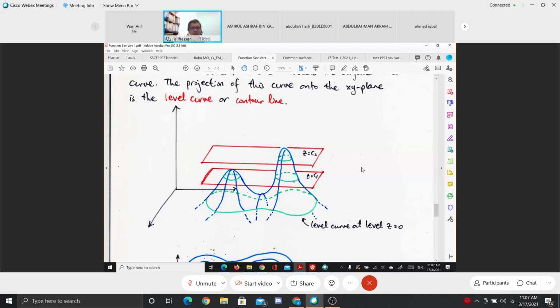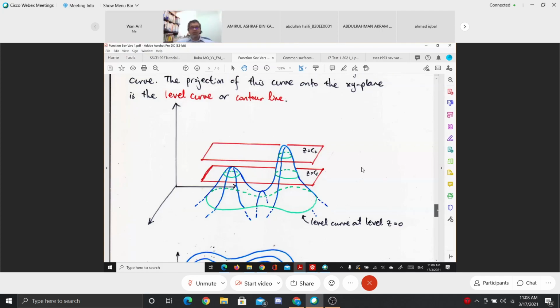And here the xy plane also slices the surface. The xy plane is the level curve z equal to 0. So imagine the xy plane slices this surface and gives us this curve of intersection here in green.